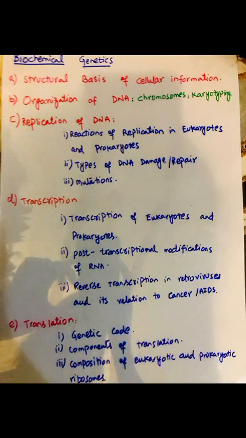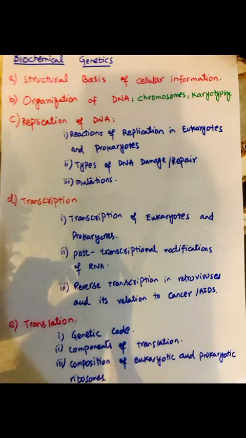We have two classes of these chromosomes, like autosomes and sex chromosomes. Autosomes are all the pairs of chromosomes except one pair, which is known as the sex chromosome, and this sex chromosome is X and Y in case of males, while in case of females it is XX.